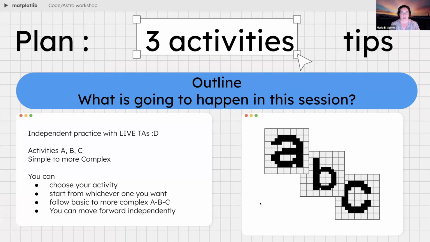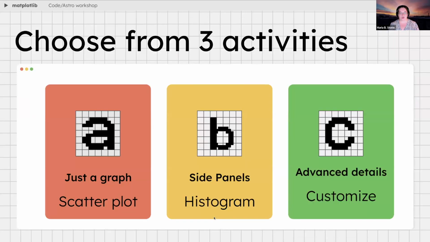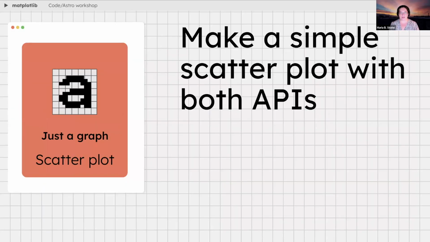You can start from A, or you can start from C, or you can follow them in sequence. And if you are moving fast, you can move forward. I just have a few more slides just to show you that in activity A, you build a scatter plot. In activity B, we do a histogram. And then activity C has customization.